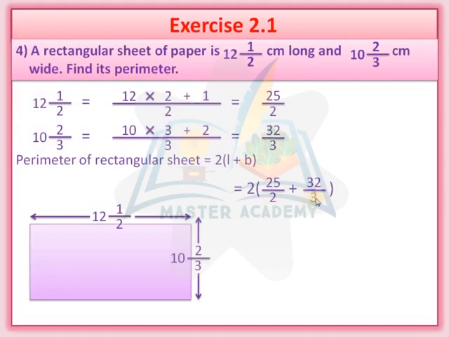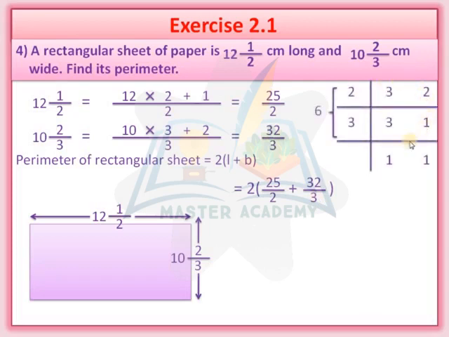Here you can see the denominators are not the same. So we are going to make the denominators the same. This is the LCM of 3 and 2, which is 6.